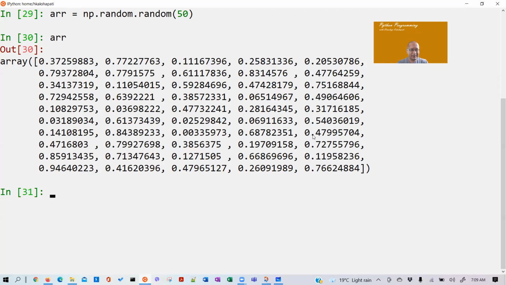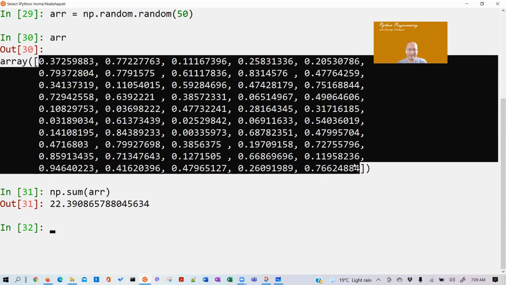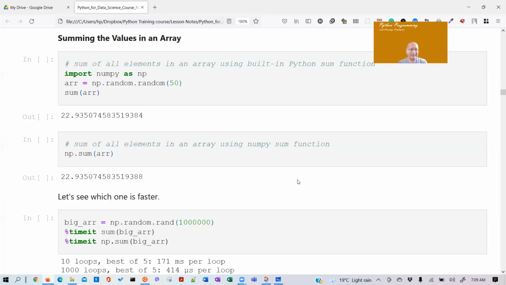And I can very simply do np.sum, adding up the numbers. It's called addition. So the sum here is 22.3906.